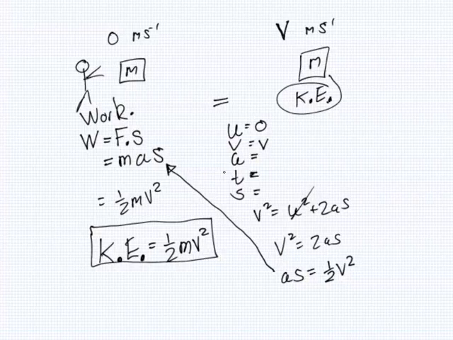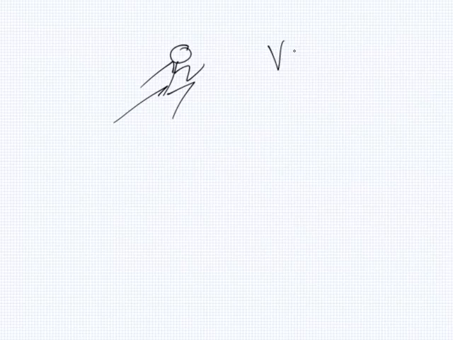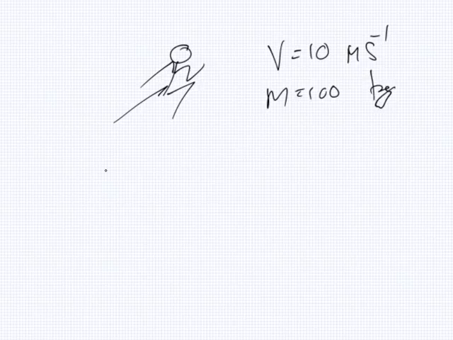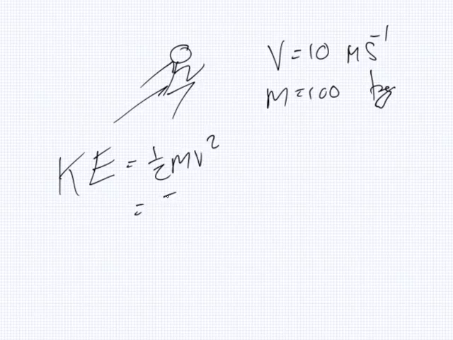So anyways, just before we continue, just a very quick example of how this works. So for example, if I have my man here and he's running and his speed is 10 meters per second and his mass is 100 kilograms, then his kinetic energy is a half mv squared, which would be, let me see, 50 times 10 squared, which is 5000.